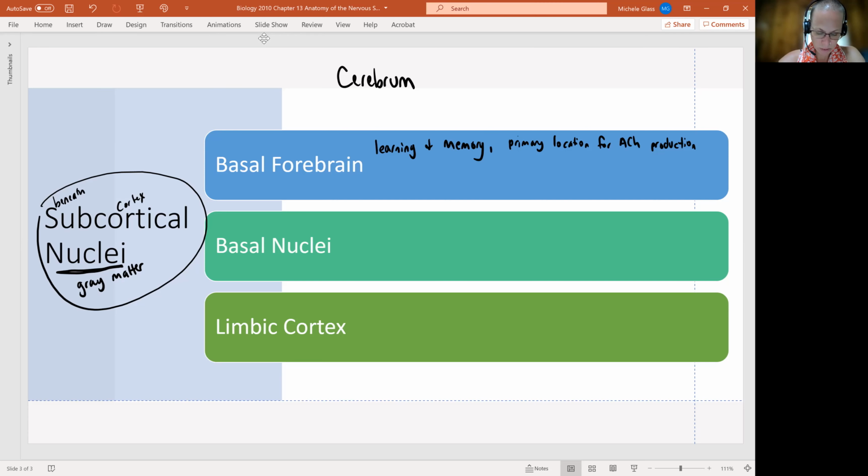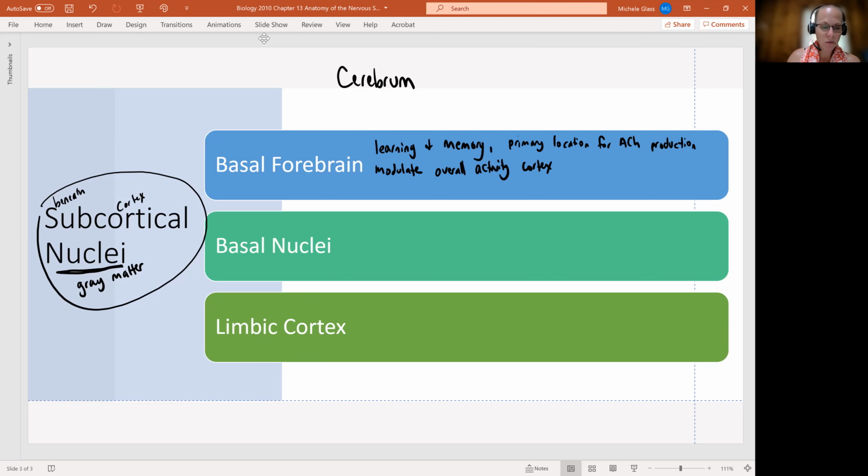We also see here that it helps to sort of modulate the overall activity of the cortex. So we'll see that the basal forebrain is important in learning and memory, modulating the overall activity of the cortex, and it's the primary location for acetylcholine production.